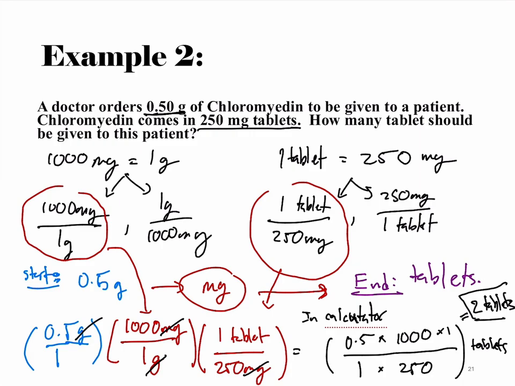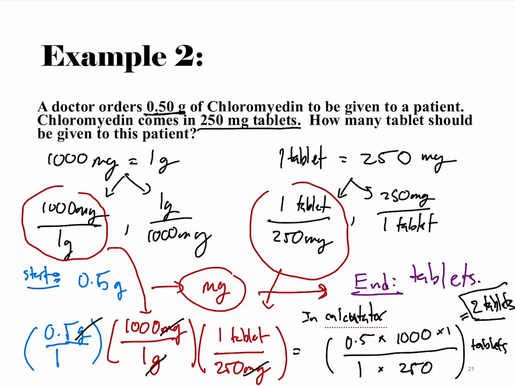Either way, the reason that it works is because it doesn't matter which order you do things. You might remember PEMDAS, right? And multiplication has the property of commutativity, which means you can move it around. All I did here was get rid of these parentheses and put them all on the outside, and that gives you the same thing. I could multiply this times that, and then divide it by 250, then multiply it by 1, divide it by 1, any order, and you'll get the same answer no matter what. It's a nice thing about multiplication and division. Any questions?